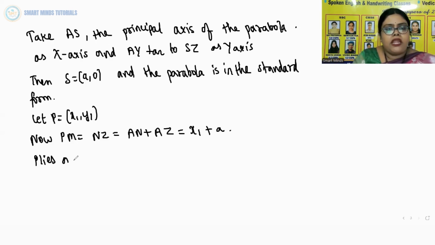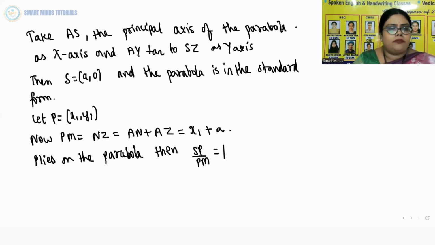Now because P lies on the parabola, I told you for parabola eccentricity is 1 and eccentricity is given by SP by PM, that is equal to 1. So once again I repeat this statement, P lies on the parabola, then for a parabola eccentricity is 1 and eccentricity formula is SP by PM. So if we cross multiply, we get SP is equal to PM.